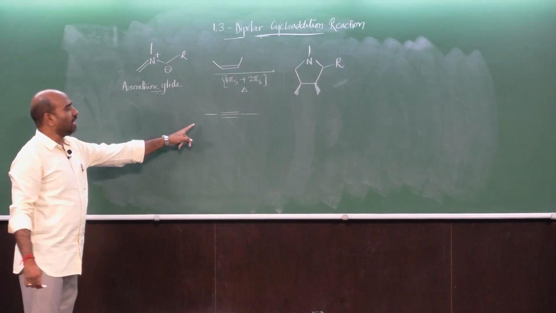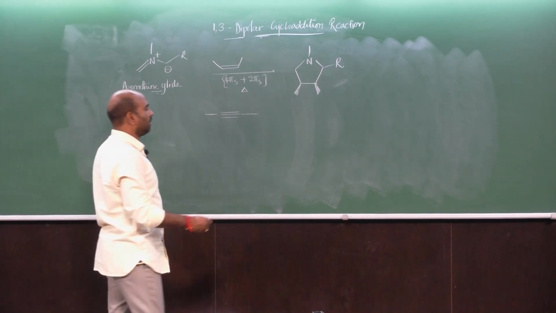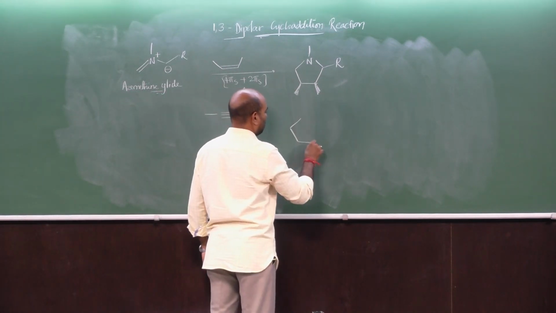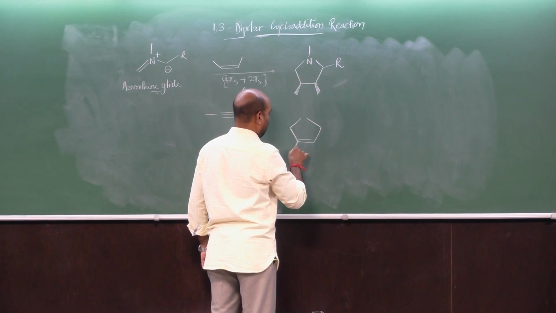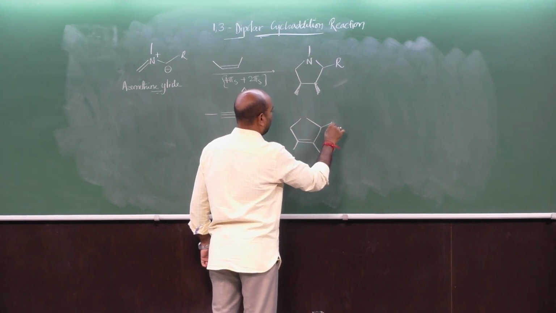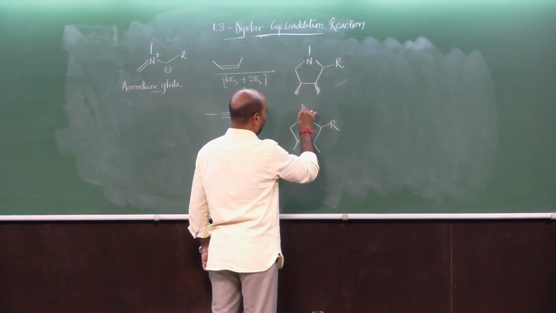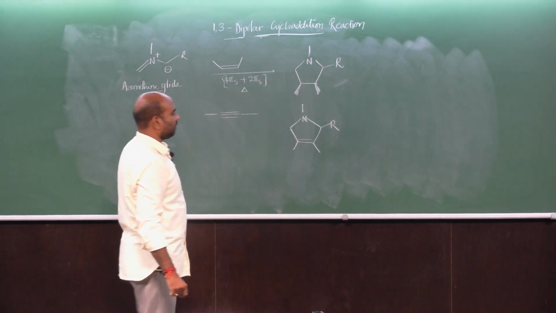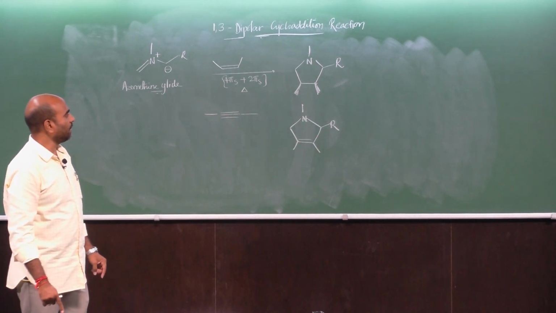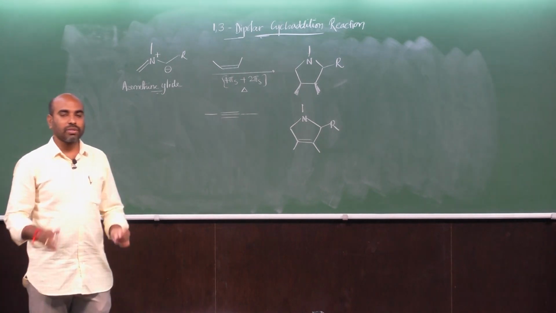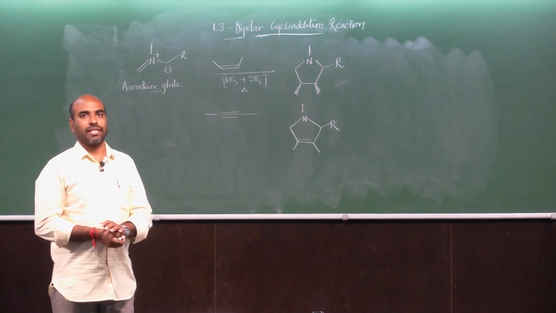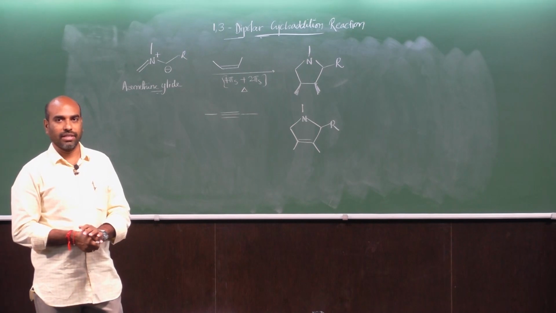Whereas, with the alkyne molecule, it produces pyrroline. Okay. So, a heterocyclic 5-membered ring will be synthesized with the help of azomethine ylides also.